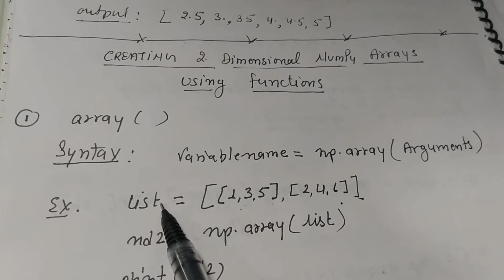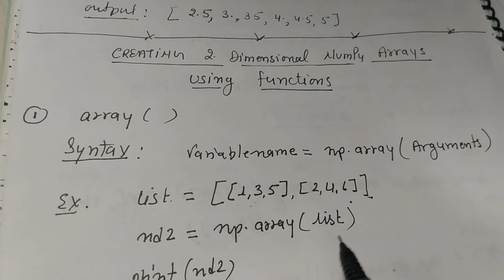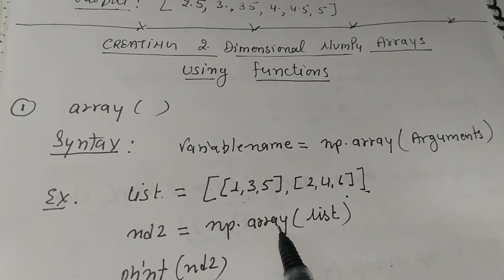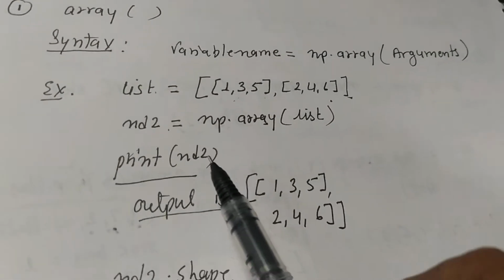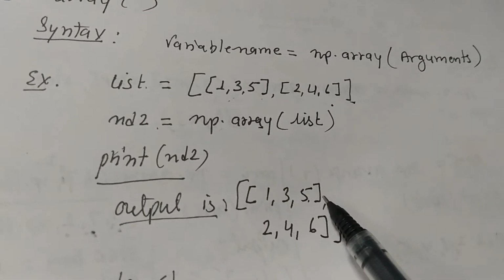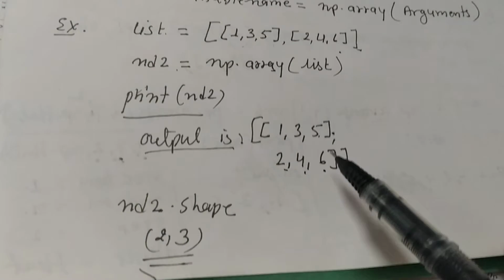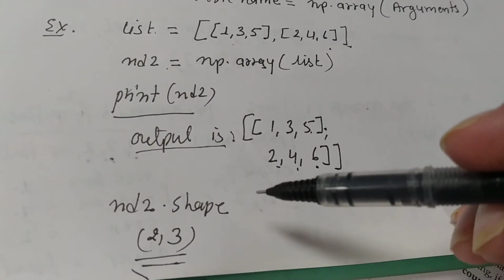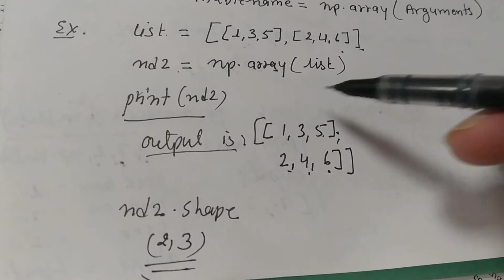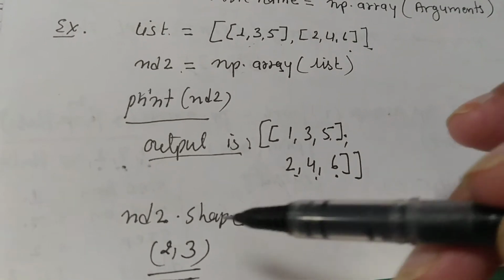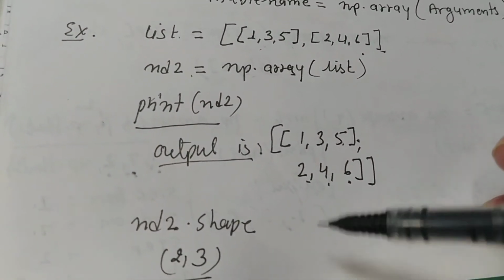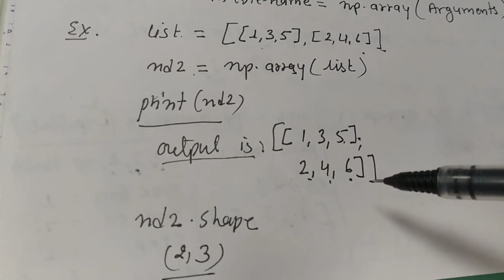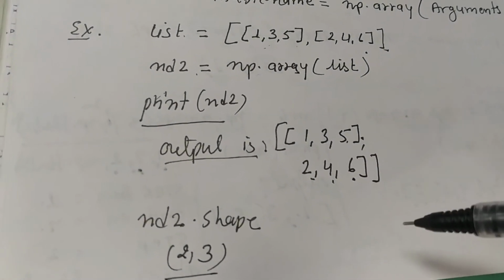We are passing the list, and this list we are passing through the array function. We are giving this to nd2, and nd2 is going to be printed. So the answer is 1 3 5 first row and 2 4 6 second row. We can check the shape of this particular array. Its shape, nd2 dot shape, is 2 3. 2 means 2 rows and 3 means 3 columns. So 1 and 2, these are the rows, and 1 2 3, these are the columns.